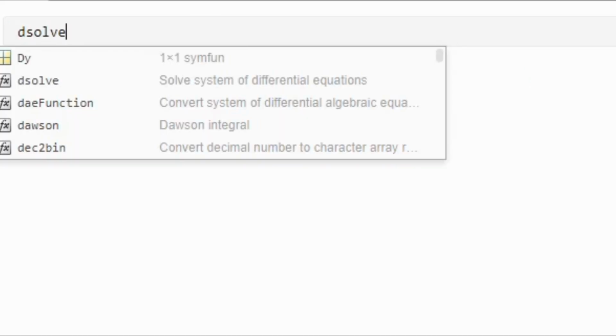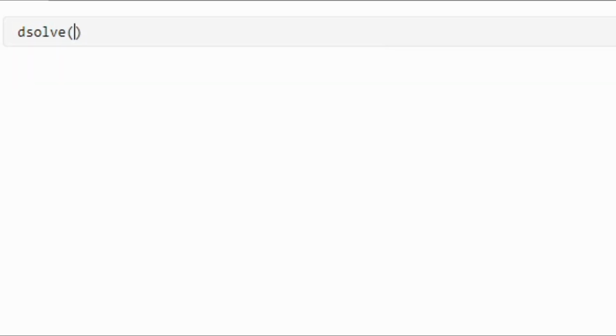Now we'll take another differential equation. Dsolve inside the parenthesis, inside the double quotation marks you'll write D2y plus 3 multiplied by Dy plus 2y is equal to 10.